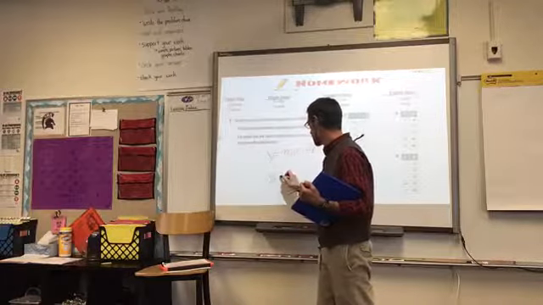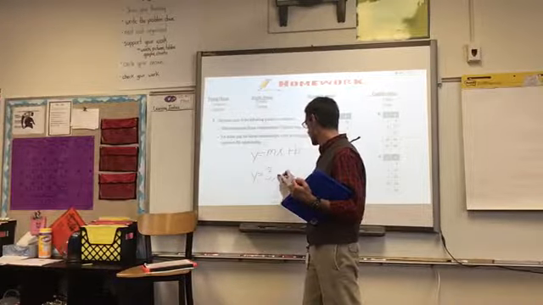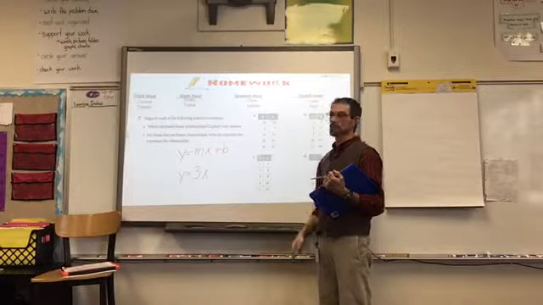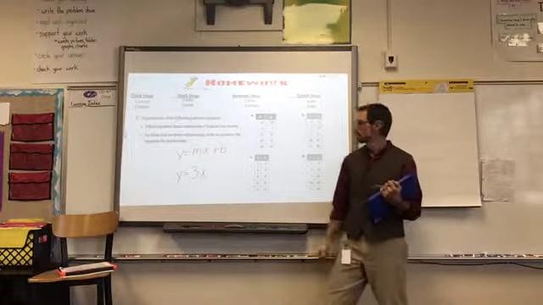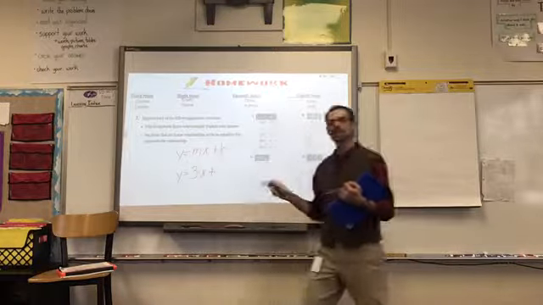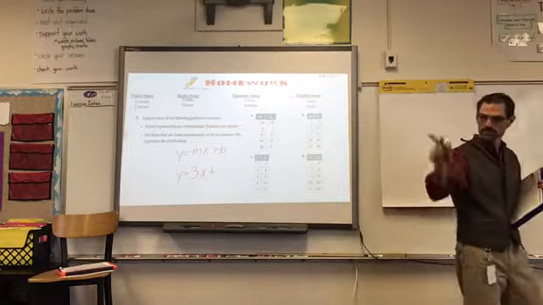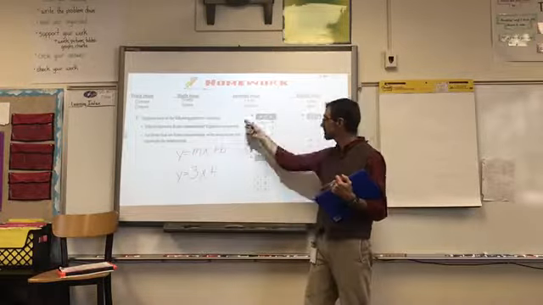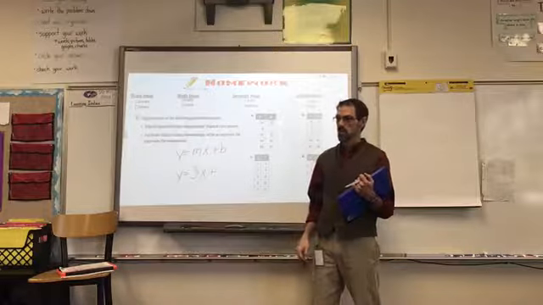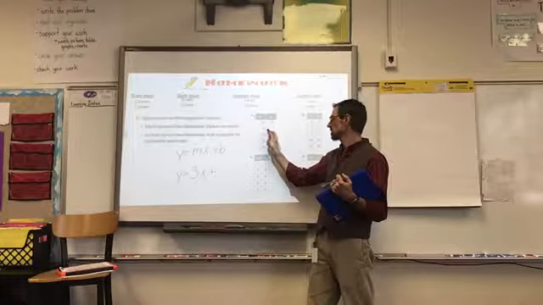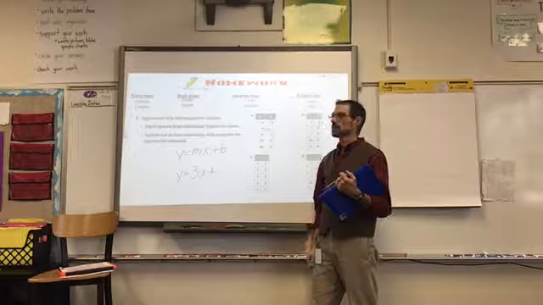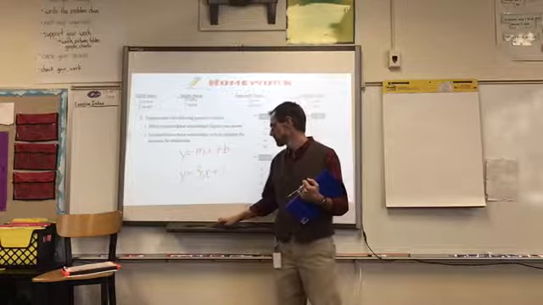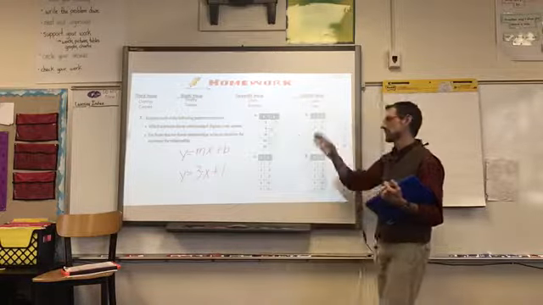So now I have y equals 3 times x, because x and y are not going to change. Those are my independent and dependent variables. And then I have plus, and then this b. What does that b represent, Anthony? That's the y-intercept. Now, where is the y-intercept in my equation here? When the x is at 0, what is the dependent variable at? This is 1, so it's plus 1. That would be the equation for that linear relationship.